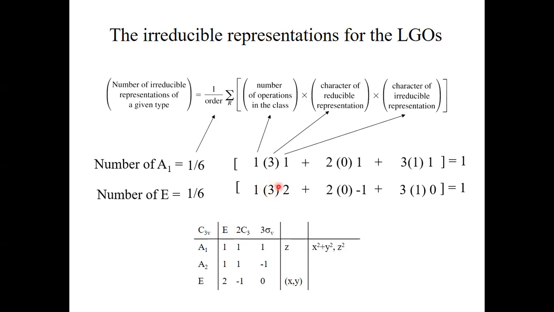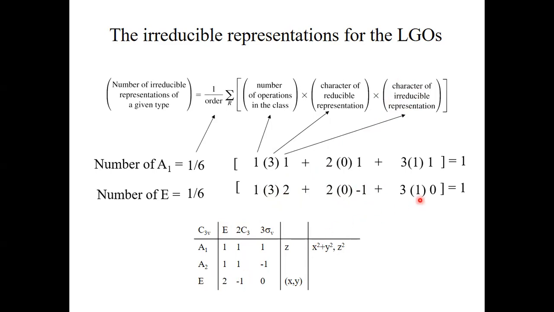The character of our reducible representation is 3, and the character of the irreducible representation is 2. Now this is this 2 here. So we have to add to that the product for the C3. So we have 2 operations in the class. So that's this 2, and the character of our reducible representation was 0. Now the character of the irreducible representation is 1, so this is this one here.